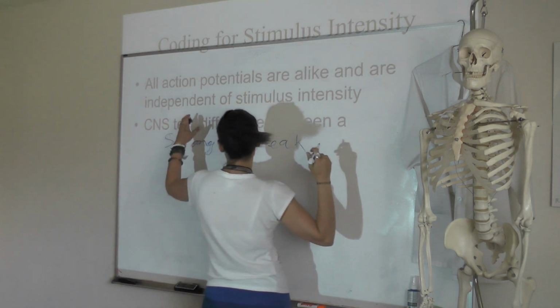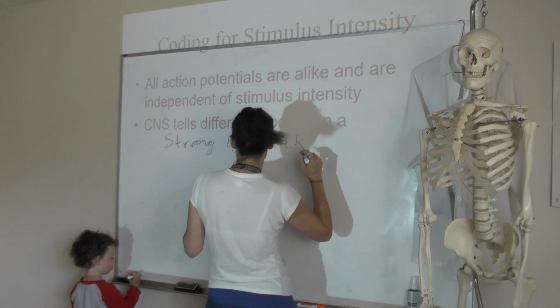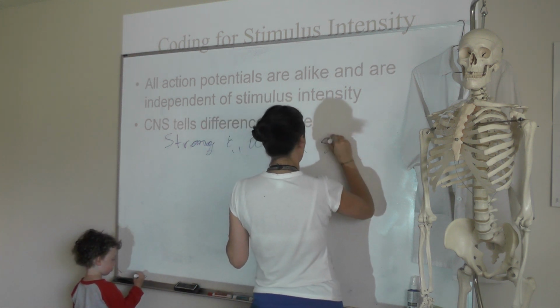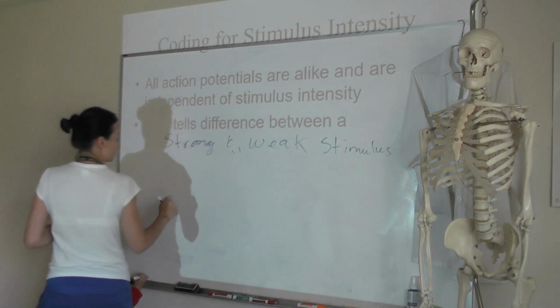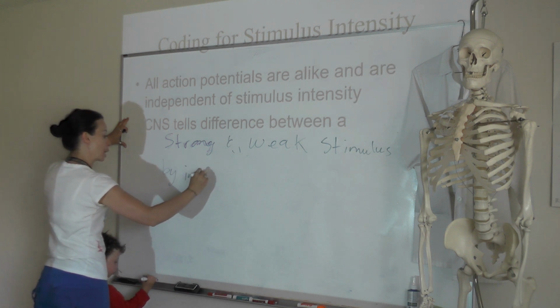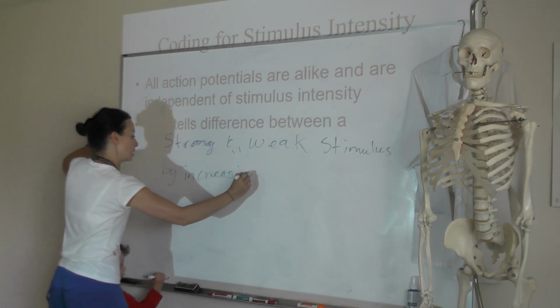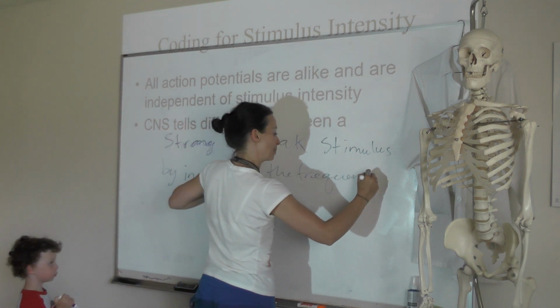So we can't change how strong the action potential is, we can just change how quickly it comes. So the CNS tells the difference between a strong and a weak stimulus by increasing the frequency of action potentials.